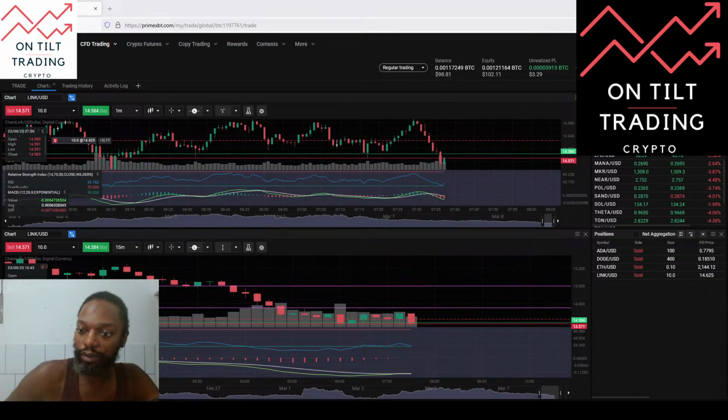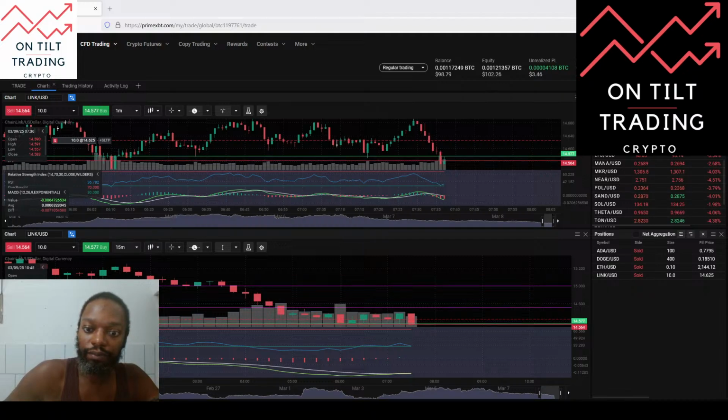Okay, on the 1 minute, starting to get some separation on MACD here, and also seeing momentum here with the sellers.